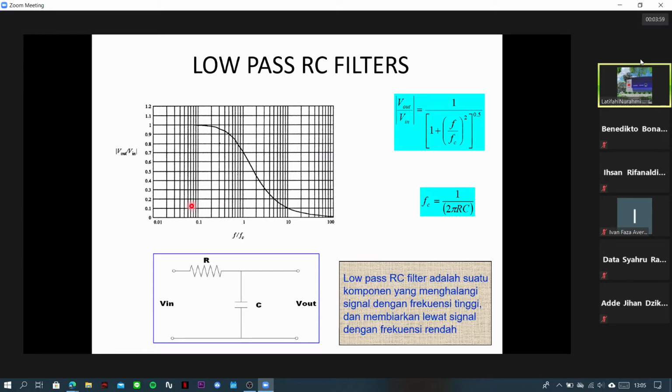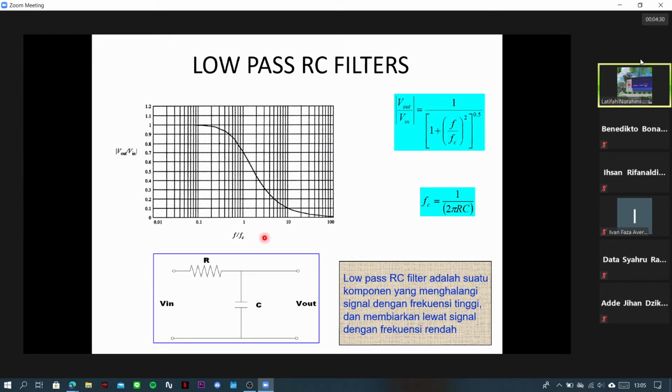From the ratio of the output and input voltage coming to the system, you can see in the graph, which is also available in the book. Here we have the frequency and a critical frequency, which is the limit from where we want to remove the noise.